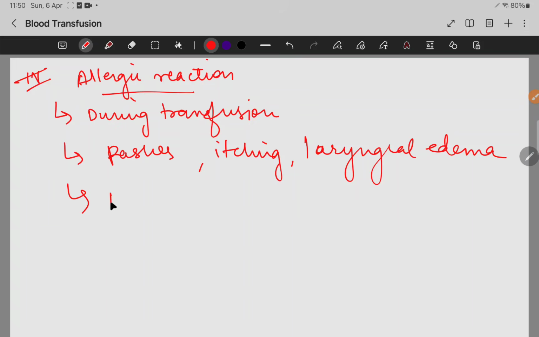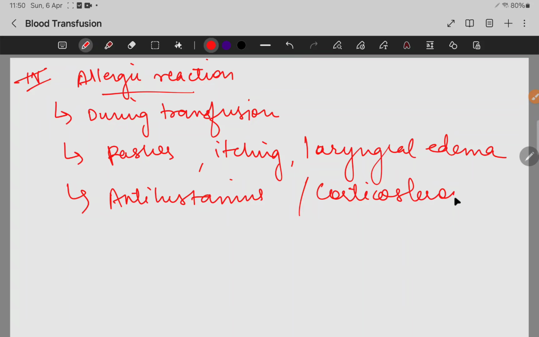You have to administer antihistamines and corticosteroids. Sometimes an allergic reaction may be mistaken for a hemolytic reaction, so without a thorough investigation it should be treated as a hemolytic reaction.